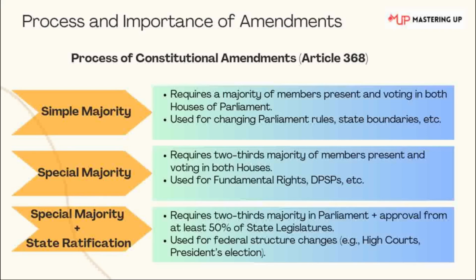Special majority along with state ratification is used for changes to the federal structure, for example High Court, President, elections, which requires a two-thirds majority in parliament and approval from at least 50% of state legislatures.